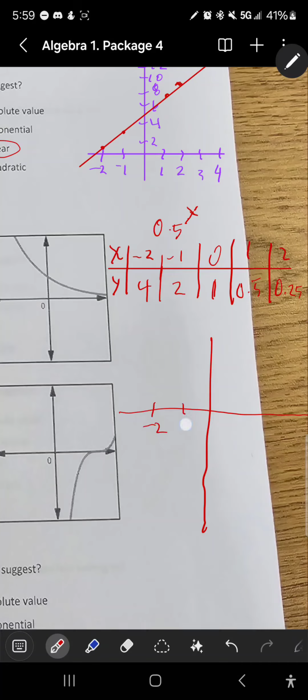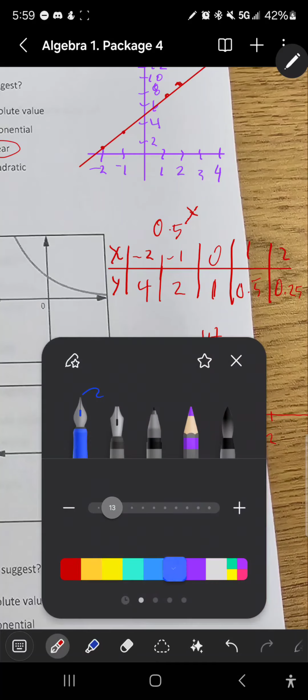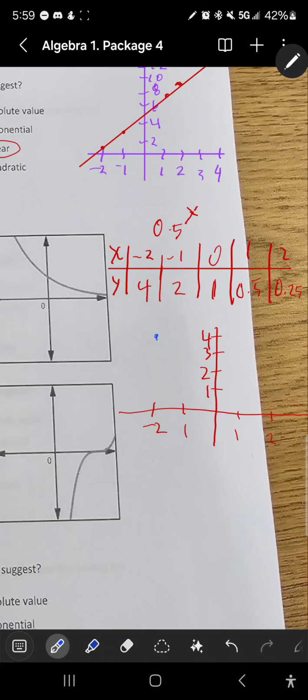As you can see, when we graph this, with negative 2, negative 1, 1, 2, 3, 4, I have the points negative 2 and 4, negative 1 and 2, 0 and 1, 1 and 0.5, 2 and 0.25, and this is the figure right here.